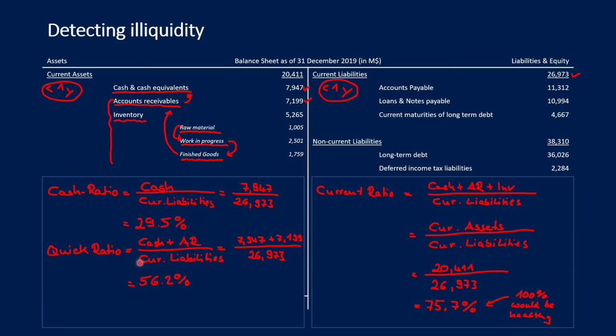Because we need to cover the current liabilities that are due within 1 year with the current assets that turn into cash and cash equivalents within 1 year. Accordingly, a coverage of 100% would be healthy. A coverage of 75% might lead to some shortages in liquidity within the next year. So this could be an unhealthy situation if it is left unmanaged.